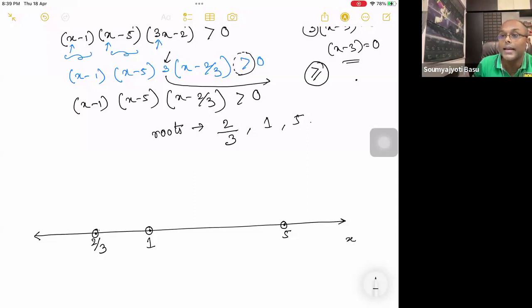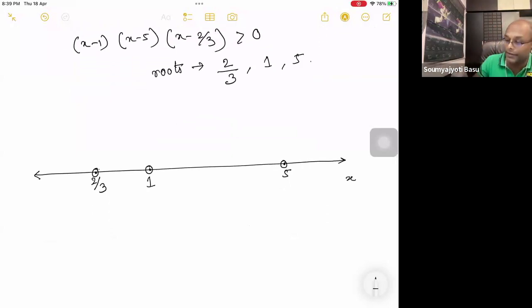Now, I have to divide this number line into zones of positive and negative regions. Do you remember the previous class? Around the root, the sign of the function fluctuates between positive and negative. Is it always true? No, it's not always true.